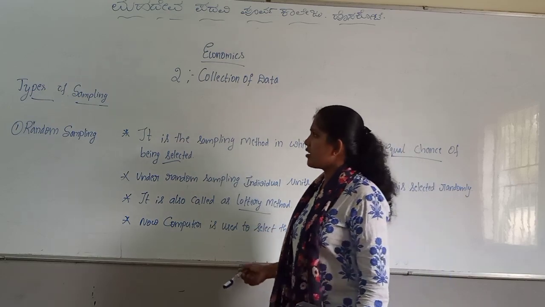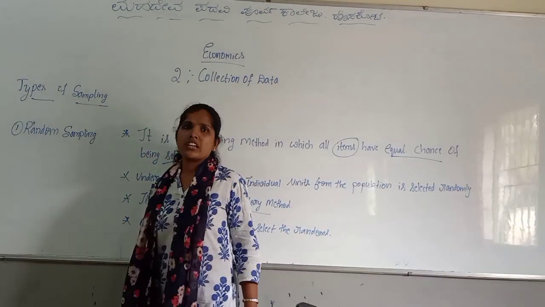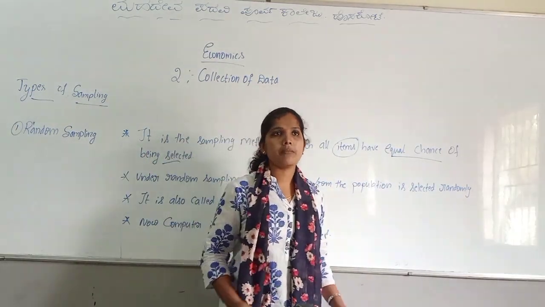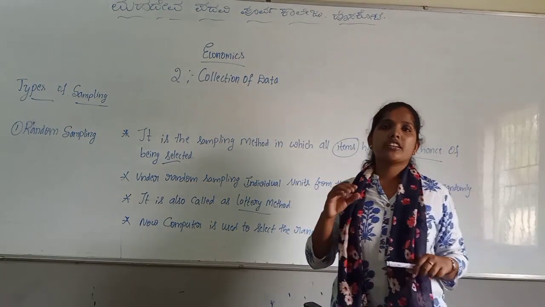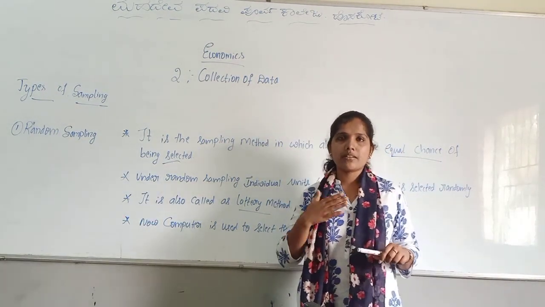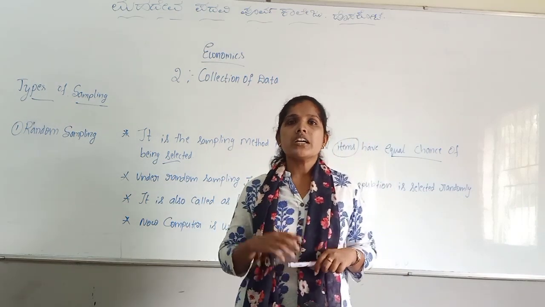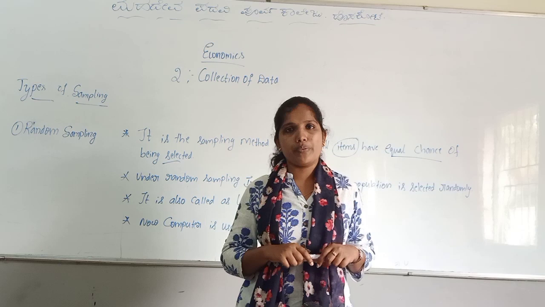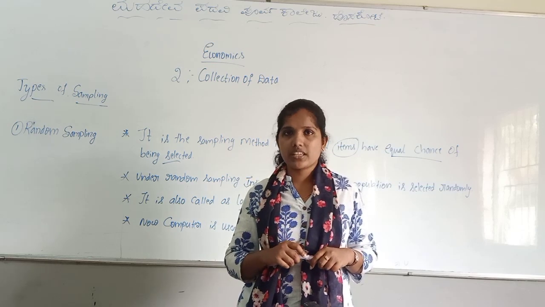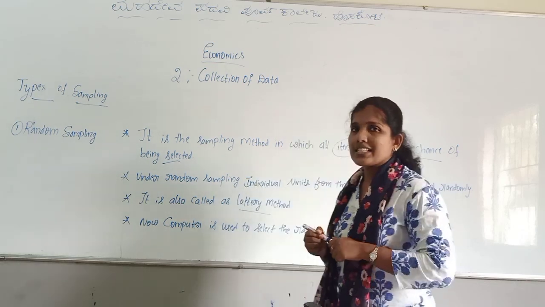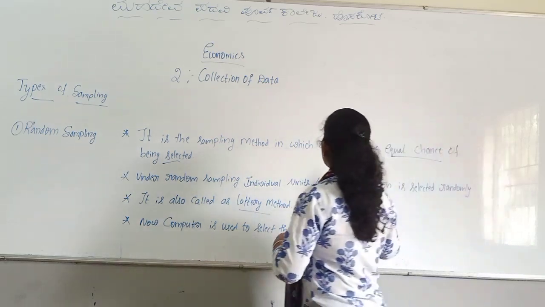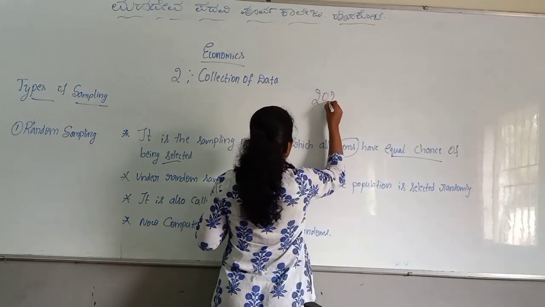So we will understand random sampling with an example. The investigator, you can take me as an investigator or a researcher. If I want to do a survey among the entire population of India in 2020, I will consider the entire population of India in 2020.